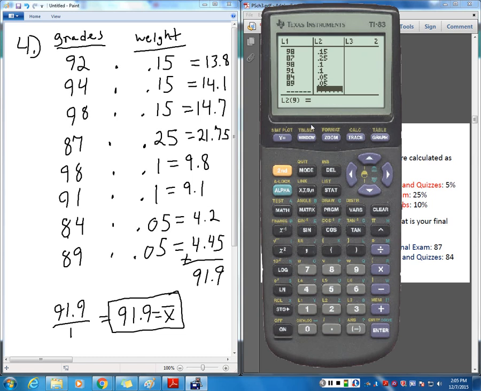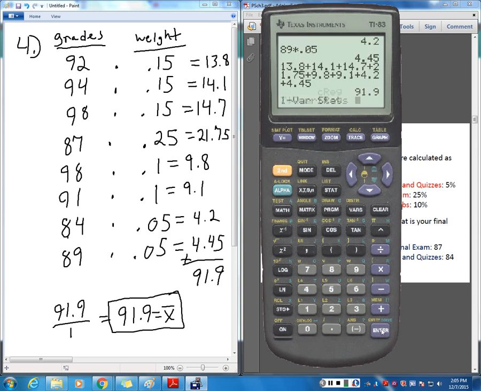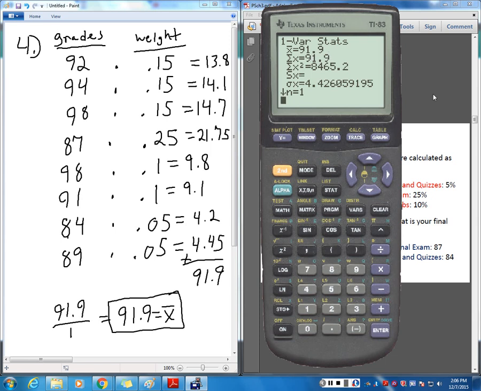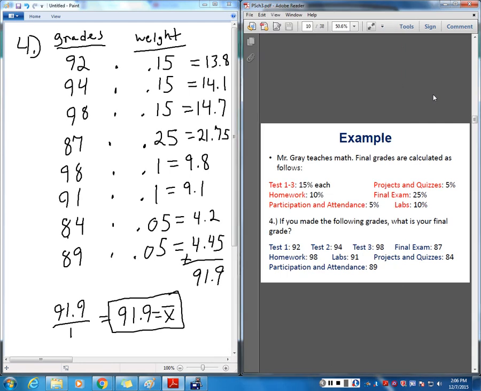Just like in the previous problem, I go to Stat, Calc, 1-Var Stats. The list is list 1, the frequency list is list 2. If I press enter, my answer's at the very top. 91.9 is x bar. So that's how to find a weighted mean.